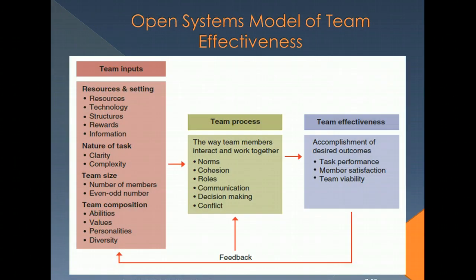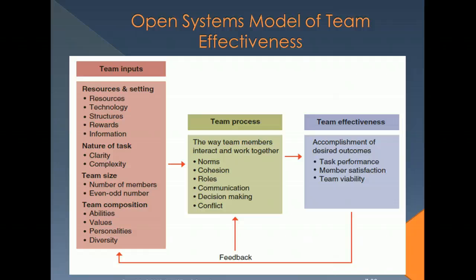If we're talking about quality of inputs: resources, technology, structure, rewards, information, the nature of the task, the clarity, the complexity, the team size, the team composition, and that all is going to go into the team process that we talked about, how they're going to interact and work together in their roles and how they're going to deal with conflict.